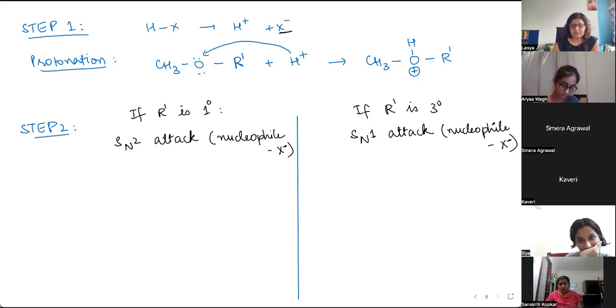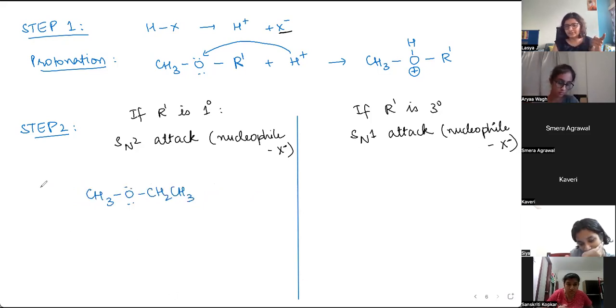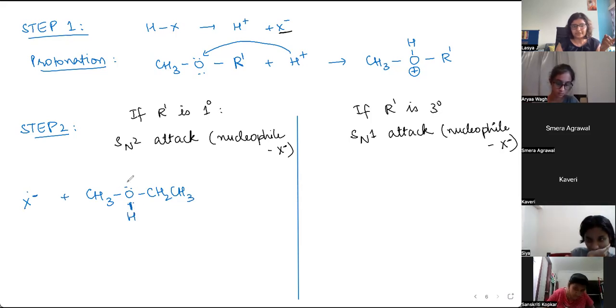Okay, so getting back to primary, here's where I'll take a specific example. If we have CH3O and C2H5, so SN2 attack, just like we saw earlier, the nucleophile X minus.